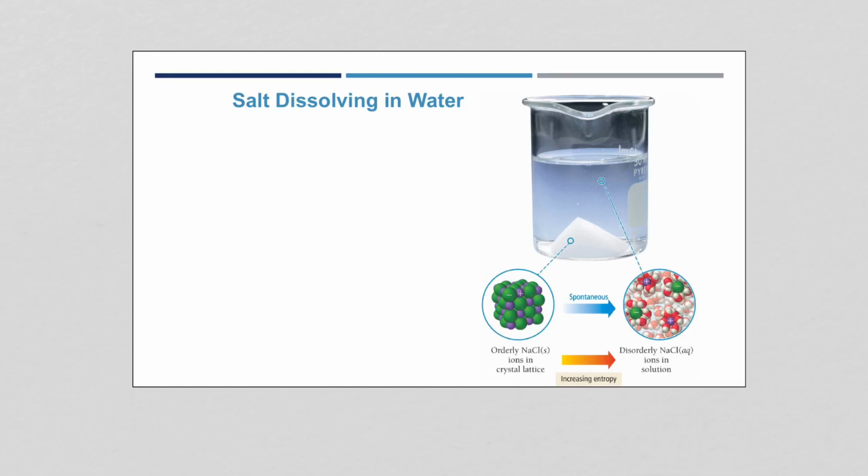We go from a very ordered crystal structure in the solid to, when it's dissolved, a more disorderly array of ions within our solvent of water, right? So we go from ordered to more disorder, or again, an increase in entropy. So we can start to see a pattern here, right? That all of these endothermic processes that are also spontaneous all have an increase in entropy. So perhaps this is the key to unlocking our chemical potential.